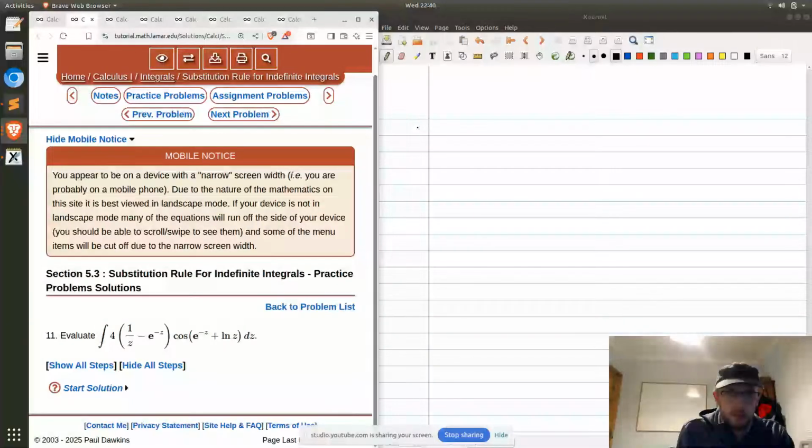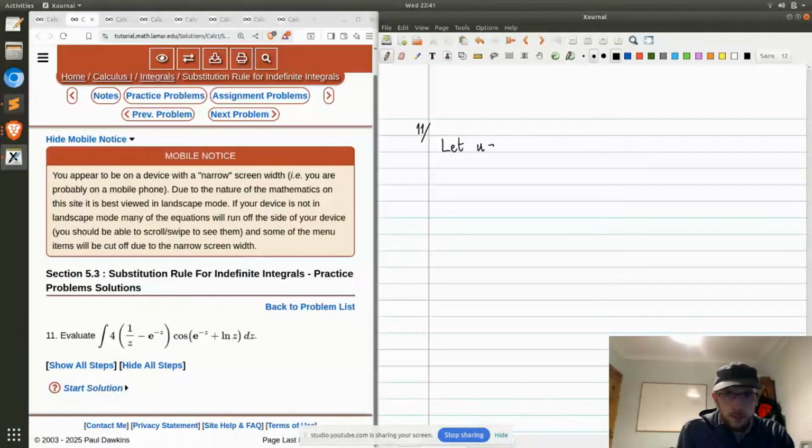Problem 11. Let u equal e to the negative z plus ln of z.